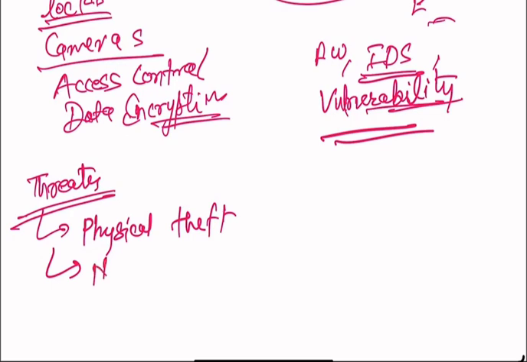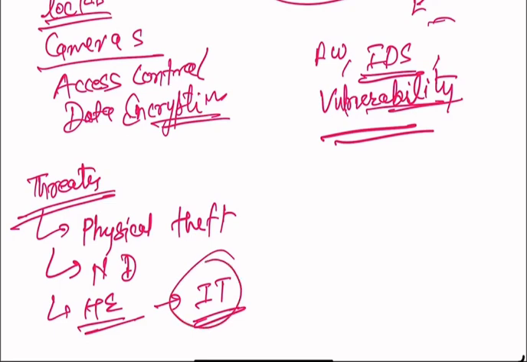Because if you are part of an organization, a small employee can also steal your documents or data and sell it for his own benefit, right? So these are the threats we need to cater for under information security.